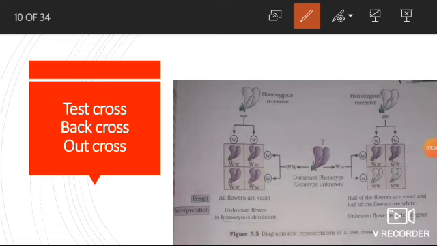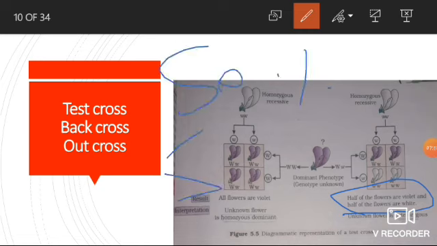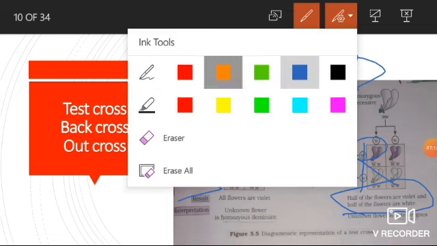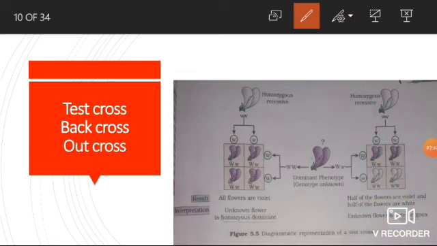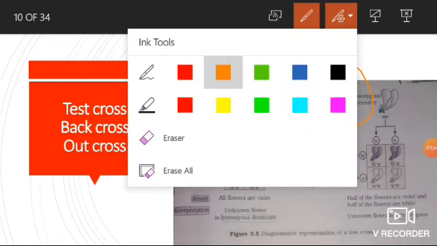And if the ratio is 50% dominant and 50% recessive, then the genotype of the flower is heterozygous, that means hybrid dominant. And the ratio will be 1:1 in monohybrid cross.